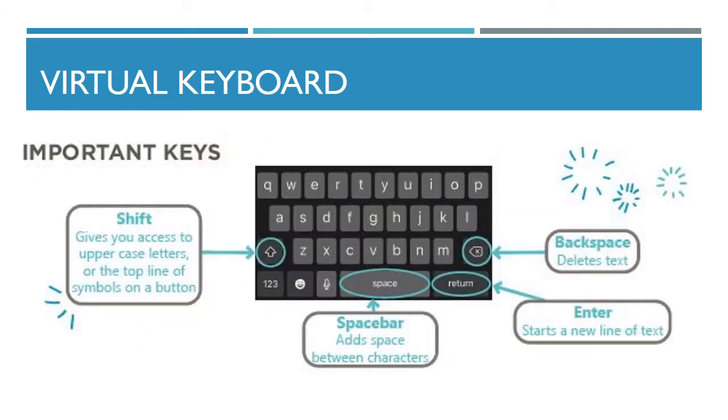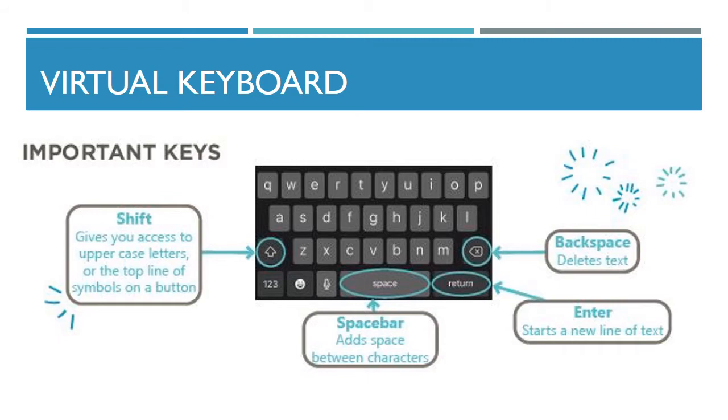There are also a few important keys to point out. While the keyboard itself will be laid out exactly like its real-life counterpart, the size of the virtual keyboard means certain keys have been shrunk down or abbreviated. The Shift key, represented by an upward pointing arrow, will give you access to the uppercase letters, and for tablet keyboards, the top line of symbols on a doubled up key.